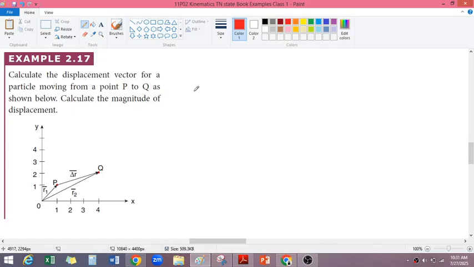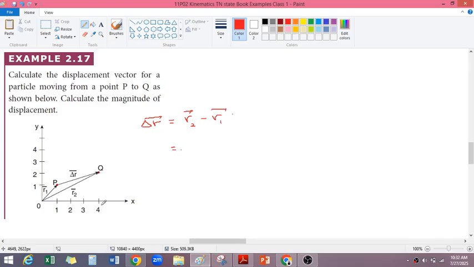Calculate the displacement vector for a particle moving from point P to Q as shown below. Calculate the magnitude of displacement. Very easy. Find out R1 and R2 and find out R2 minus R1, final minus initial. What is R2 vector?